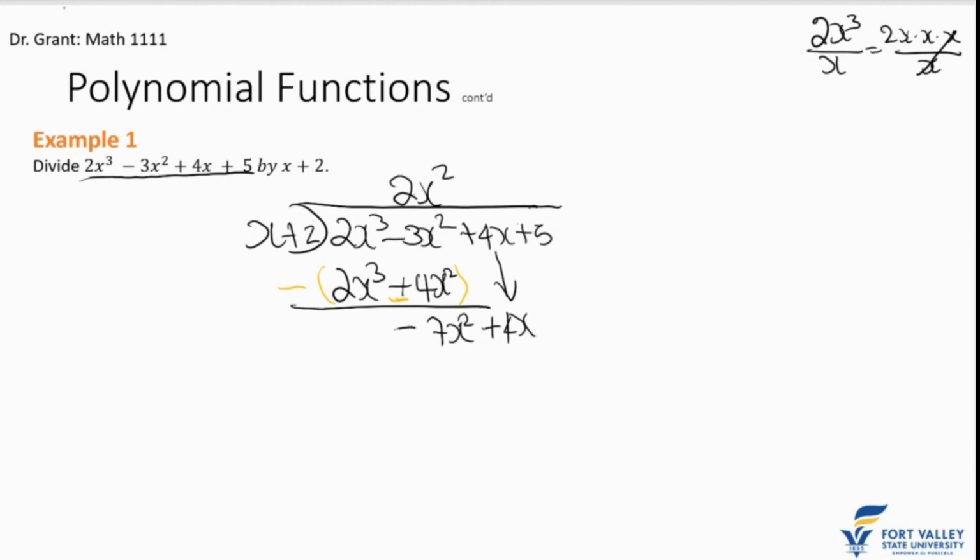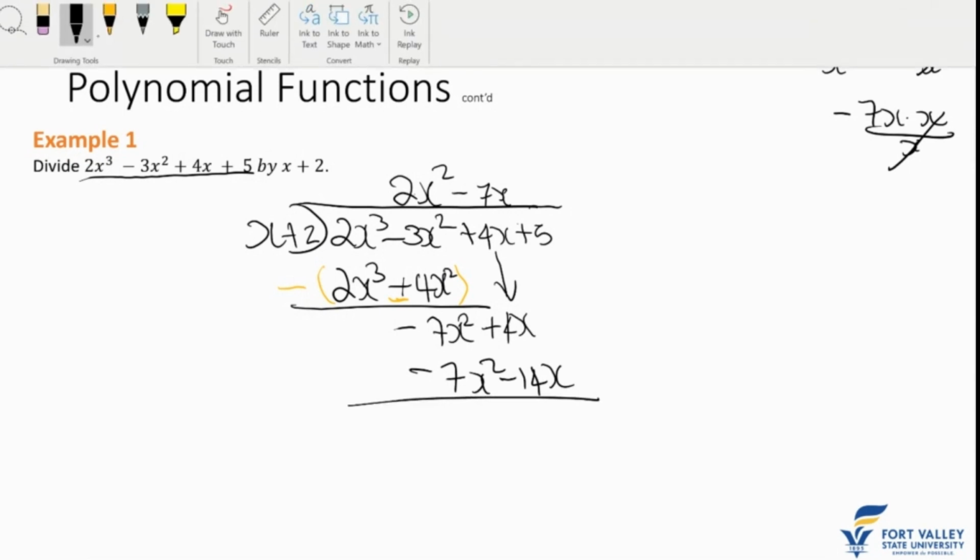So we keep going. How many times does x go into negative 7x squared? So this is negative 7x squared divided by x. It's going to be negative 7x. This gives me negative 7x squared. Then negative 7x times 2 is going to give me negative 14x.